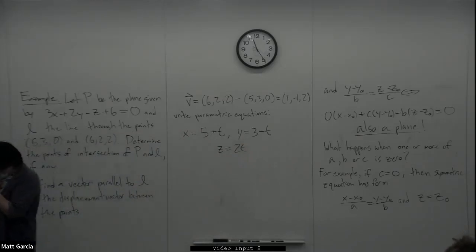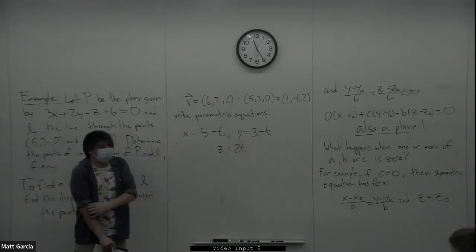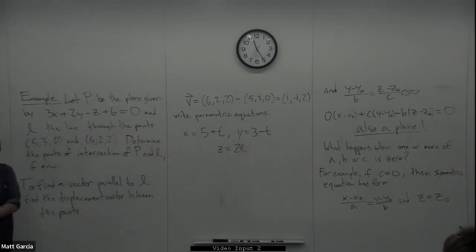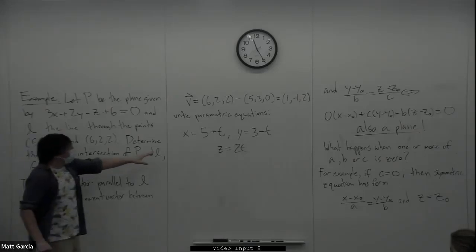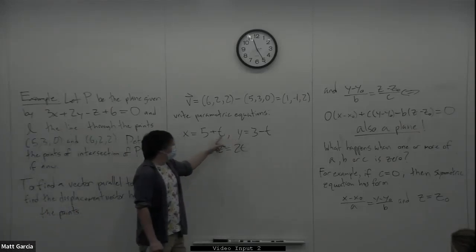Okay. So where should we go from here? I kind of gave you a hint by choosing to write the parametric equations of this line out. Yeah, exactly. I now have expressions for x, y, and z all in terms of a single parameter t.